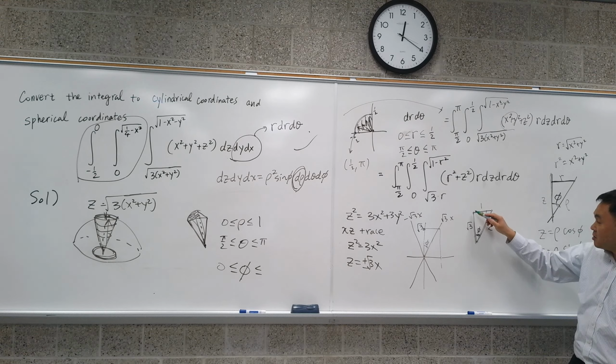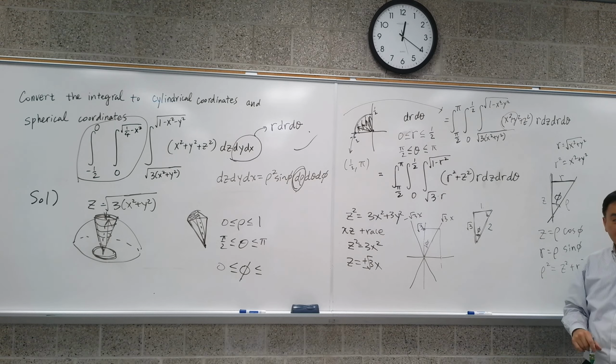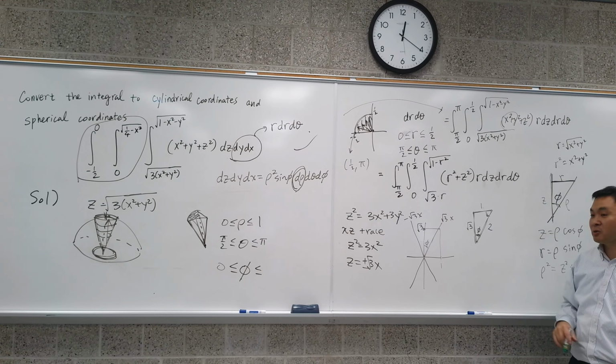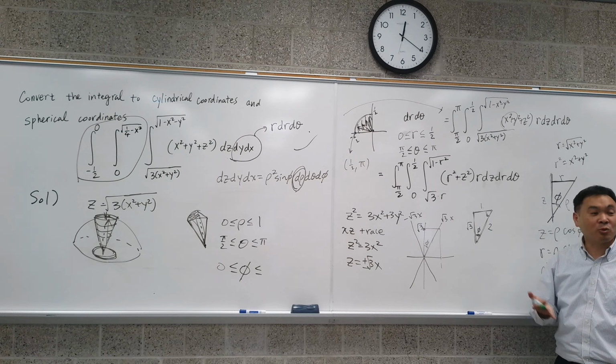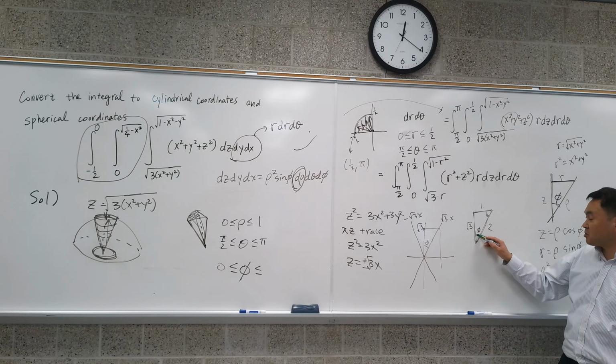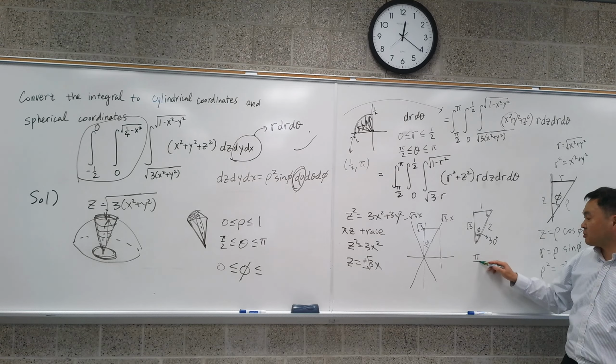Since the longer side is the opposite of this angle, the opposite of this angle is smaller than this one. This is a bigger angle, okay? So it's a 60. So if you knew the 60-30 triangle, that's wonderful, then you would know that this is 30 degrees, which is pi over 6.